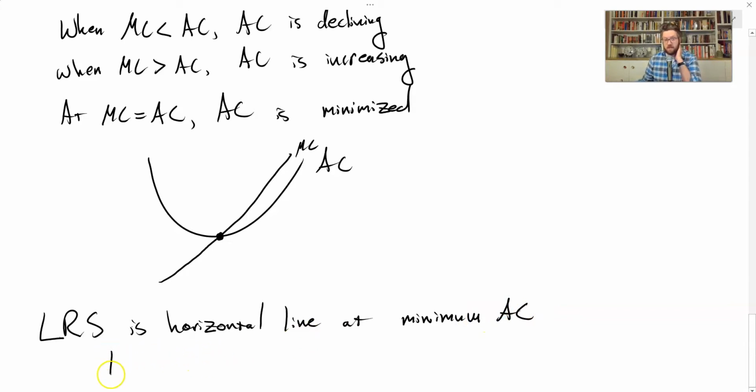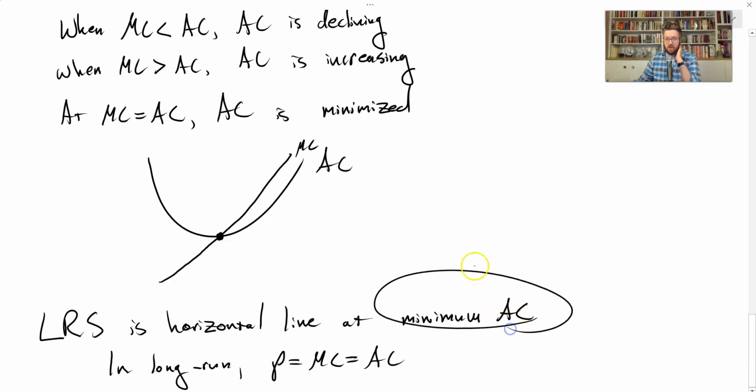That implies that in the long run, price equals marginal cost and marginal cost equals average cost, because at the minimum average cost, marginal cost and average cost equal each other. And that also implies that in the long run, profits are zero because firms exactly cover their costs. Okay.